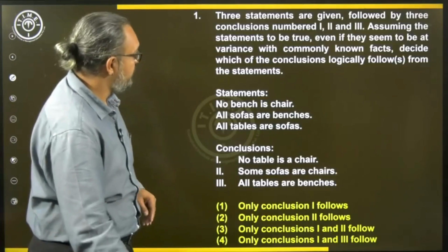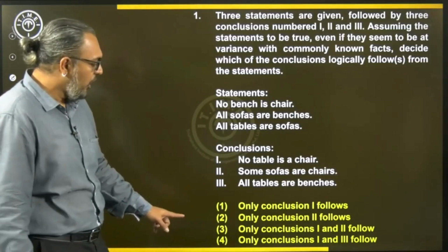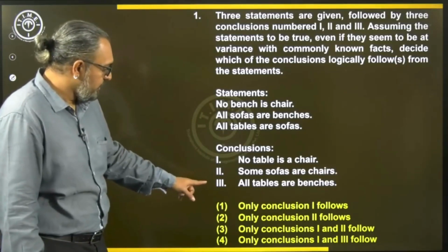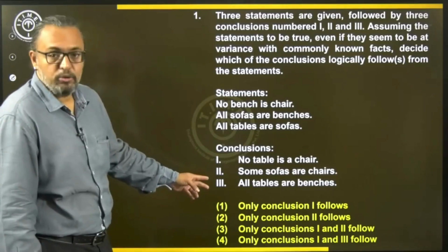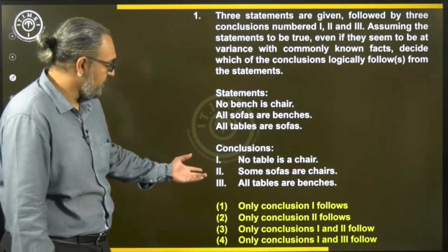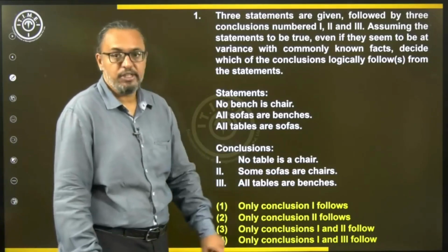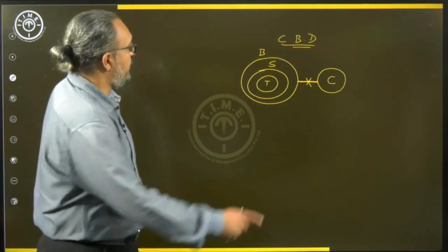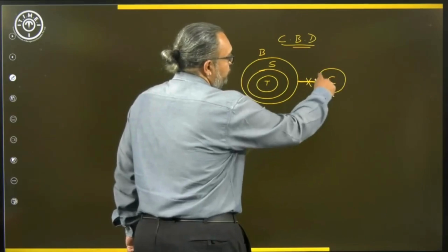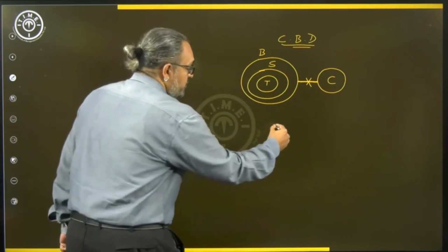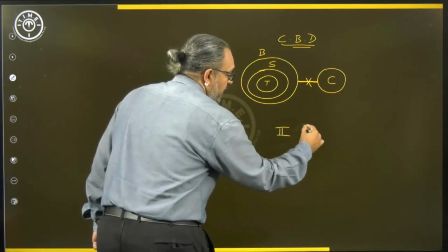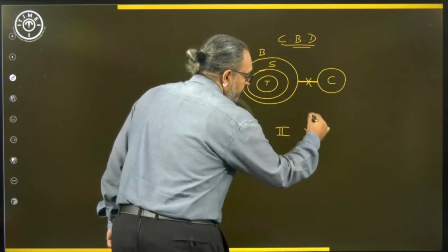Now, coming to the conclusions. In the conclusions, there are 2 affirmative conclusions and 1 negative. So, let's start with the affirmative. So, we'll take the second one. Some sofas are chairs. Now, tell me, is there any overlap between sofa and chair? No. So, it is a positive conclusion which does not satisfy the combined basic diagram.